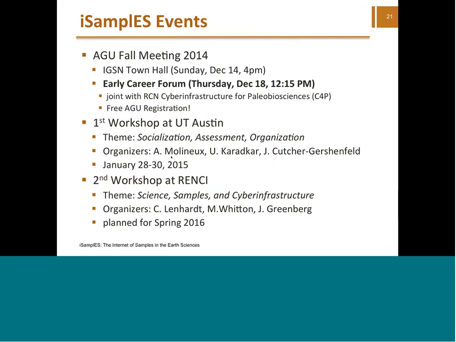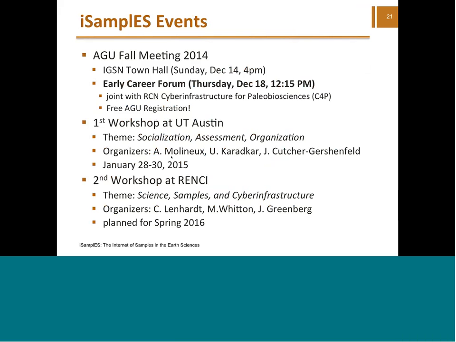So here is a list of the large events that we're actually planning. At the AGU meeting in December, we will have the Early Career Forum, which will happen over lunch on Thursday, December 18. But there's also going to be a town hall of the International Geo Sample Number on Sunday afternoon.